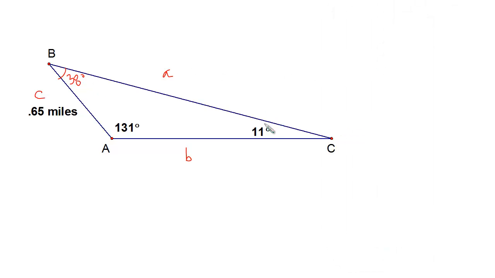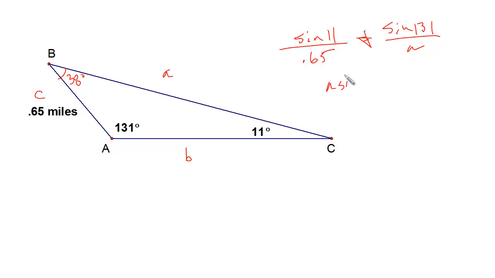So now we set up our ratios. I'm going to go ahead and leave this one in first because I know side C and angle C. I'm going to say the sine of 11 degrees compared to the length of the side, 0.65 miles, is equal to, we'll find A first, the sine of 131 over A. We cross multiply.